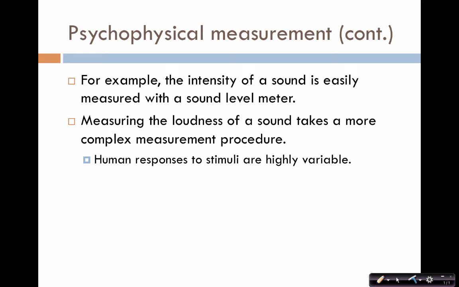Exactly how accurate it would be, I'm not aware, but it would be reasonably close, I would suppose. So you could measure the intensity of sound fairly easily with a device and an app built into your phone. In contrast, measuring the loudness of a sound is much more complicated from a measurement point of view.